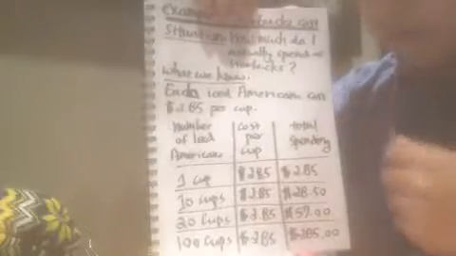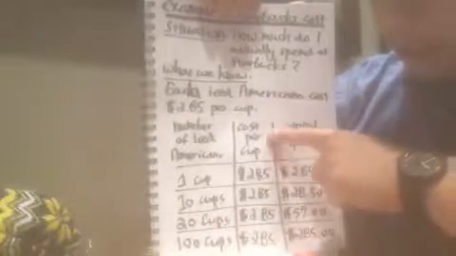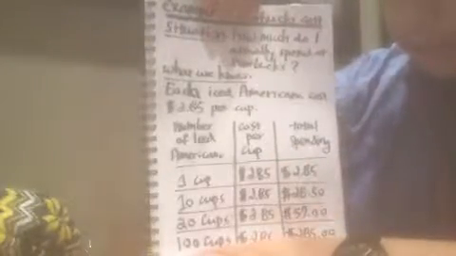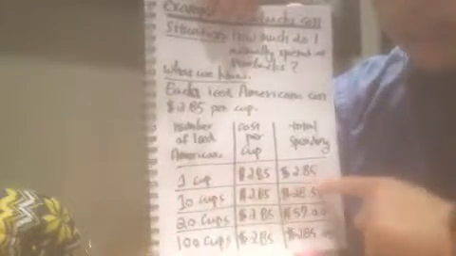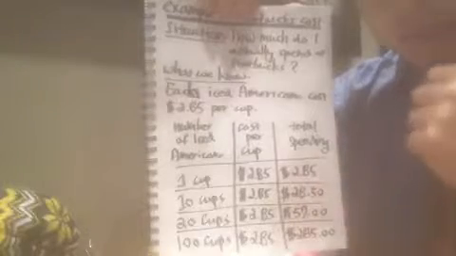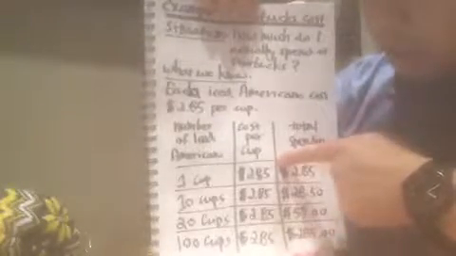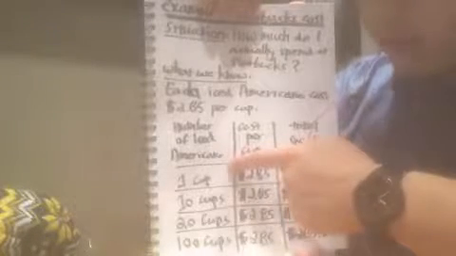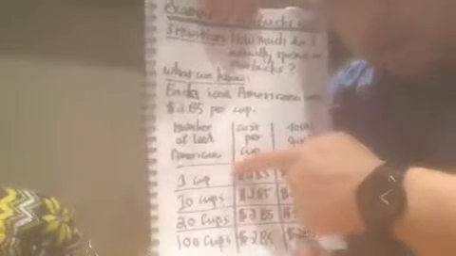Notice in this table that we created, the cost per cup remains the same. The relationship between the two numbers gives us the desired result. The relationship is multiplication. So in this situation, the cost per cup is the constant, while the number of iced americanos I drank is the variable.